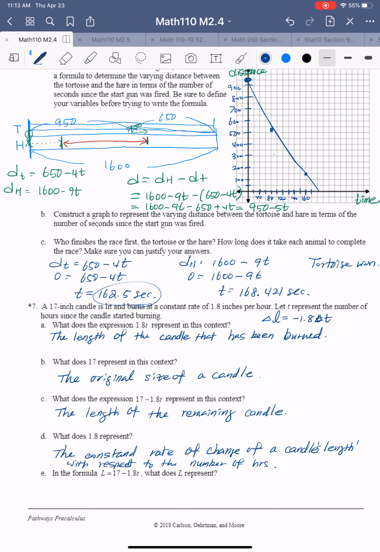And then what is L in the formula L equals 17 minus 1.8t? L is represented by 17 minus 1.8t, which is the same as the previous part. So this is the length of the remaining candle.